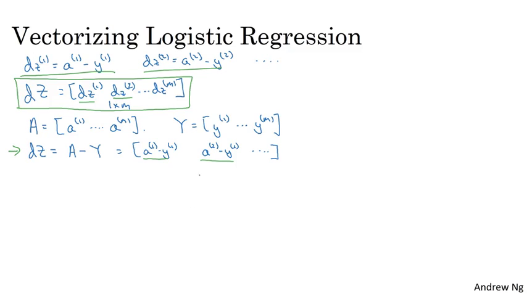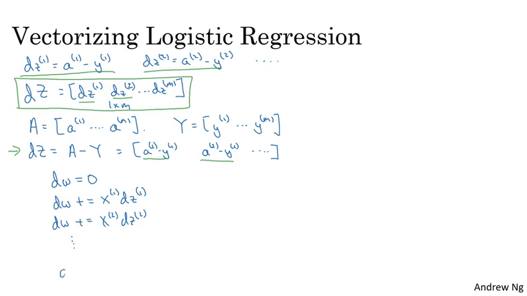Now, in the previous implementation, we'd gotten rid of one for loop already, but we still had this second for loop over training examples. So we initialized dw to a vector of zeros, but then we still had to loop over training examples, where we have dw plus equals x1 times dz1 for the first training example, dw plus equals x2 times dz2, and so on.